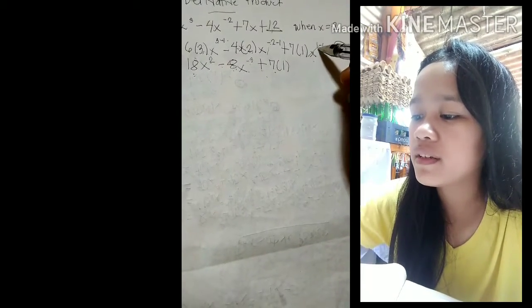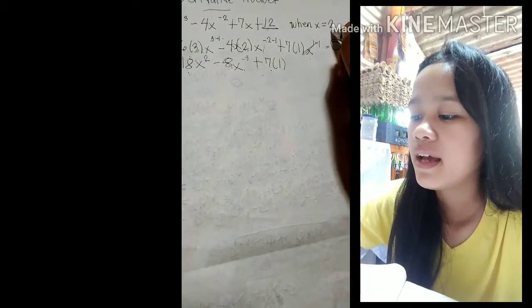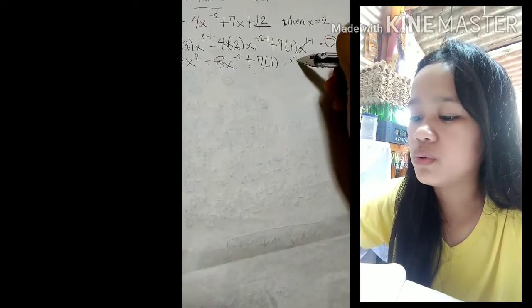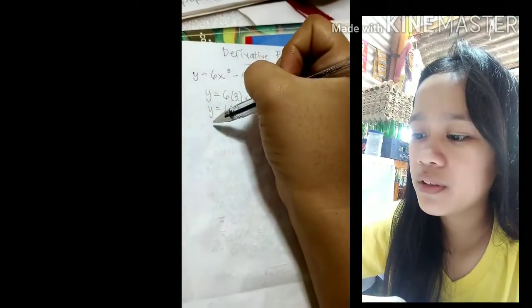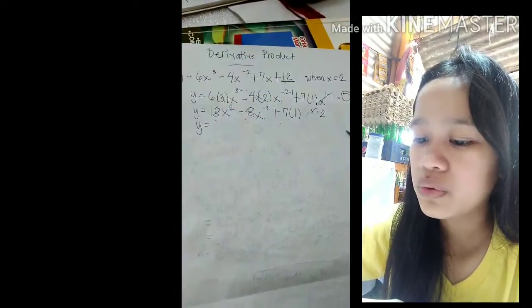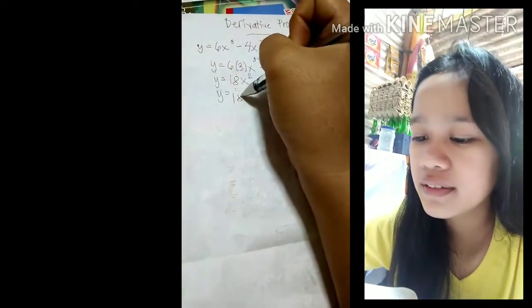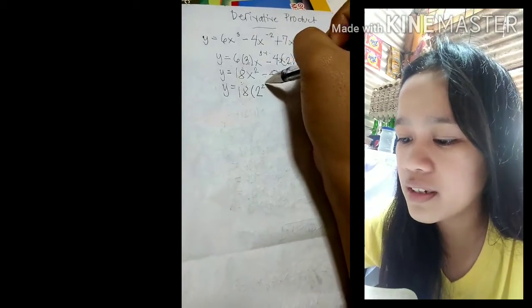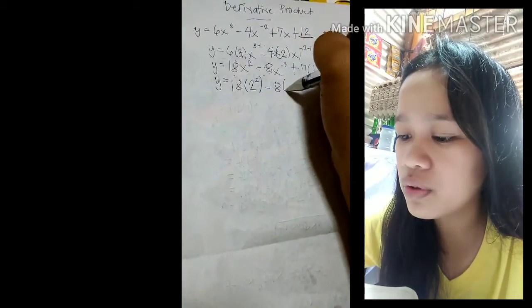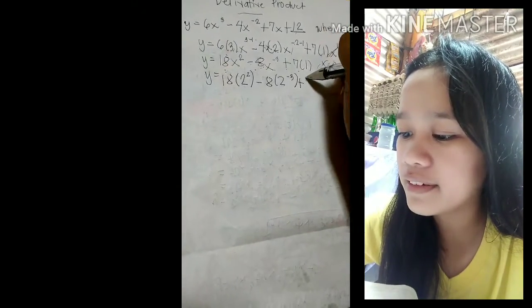Then 1 minus 1 is equal to 0, so x cancels out. When x is equal to 2, we are going to substitute the value of x with 2. So 18 times 2 squared minus 8 times 2, plus 7.